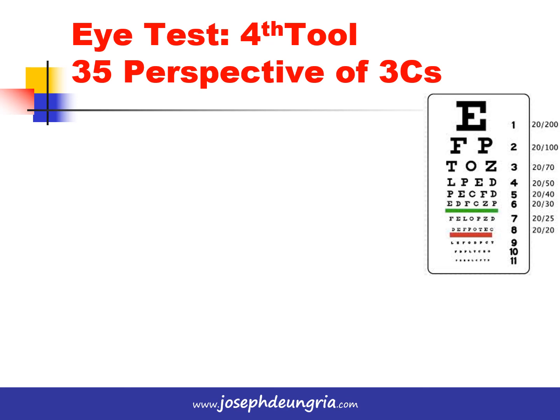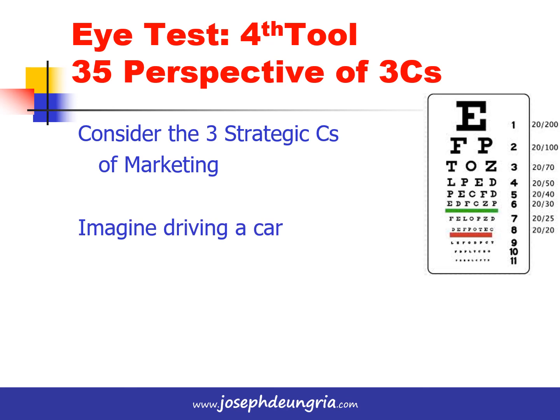Okay. The fourth dimension is a perspective of the three C's. So my comparison there is the eye test. When we do the eye test, consider the three strategic C's of marketing. Imagine driving a car, and the only way you navigate is just viewing it through the front mirror. Right? That would be a dangerous way to drive a car.